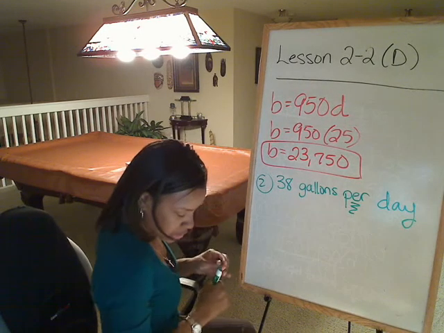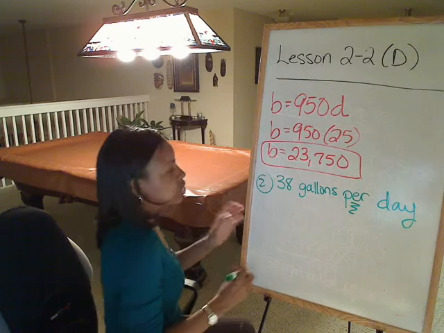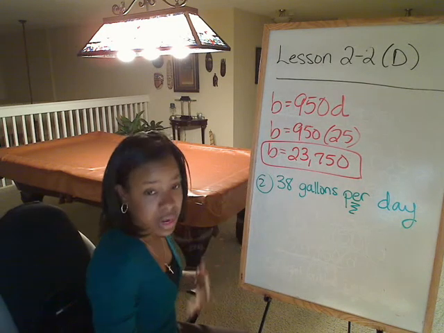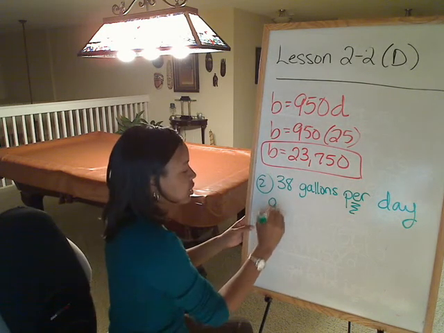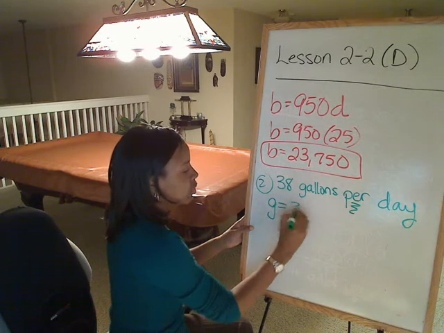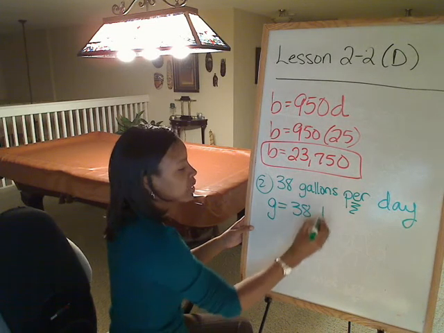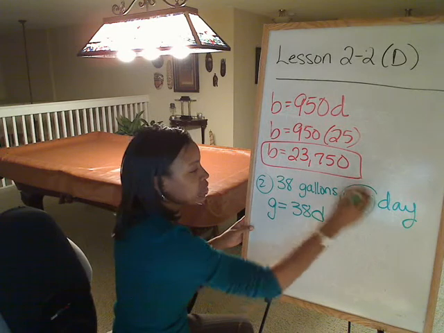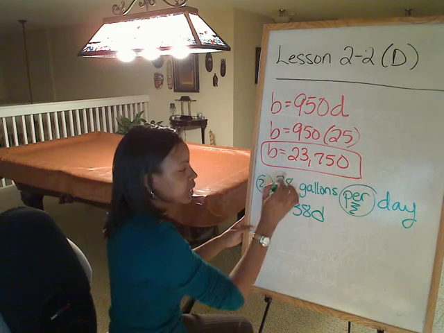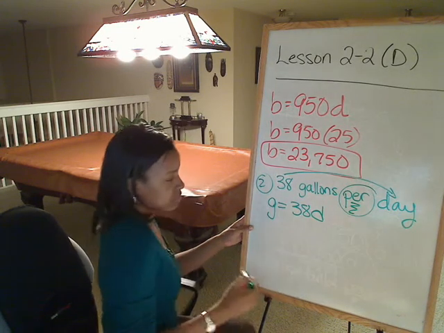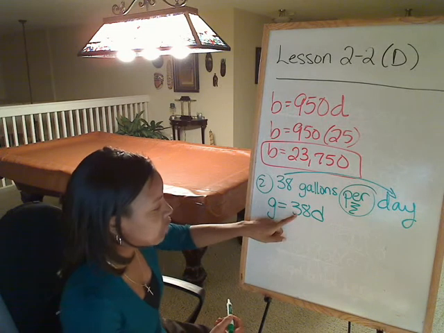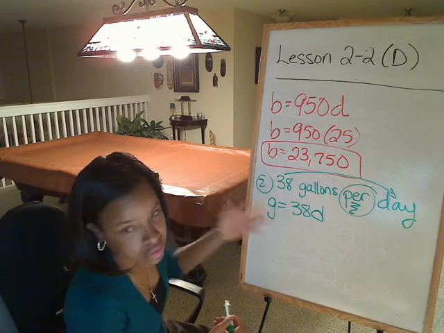So 38 gallons per day means my equation is going to be trying to figure out how many gallons, right? So it's going to be G equals 38 per day. This per means multiply. You're multiplying the 38 times the number of days. So the gallons will be 38 per day, and you're done.